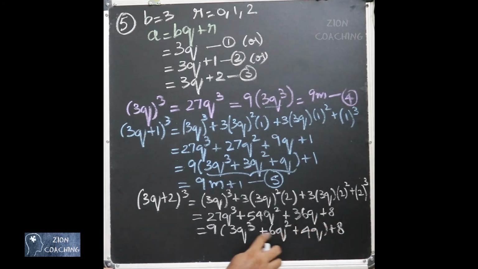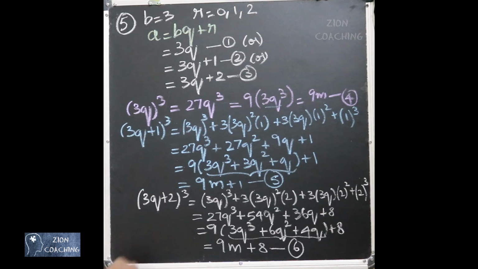Now when you give some value for q, this entire thing is going to result in an integer, which we are going to consider as one value. That value is represented by m. So we are going to have 9m plus 8. Take this as result number 6.